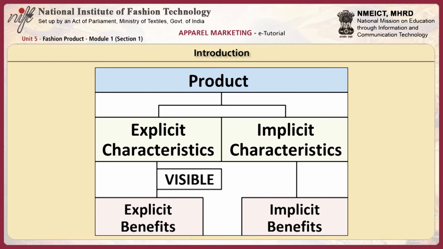So, the definition says a product can also be a service. It also can be a place. The place like Kerala, God's own country. The state government of Kerala promotes the state or markets the product called Kerala, or Taj Mahal, or Charminar.